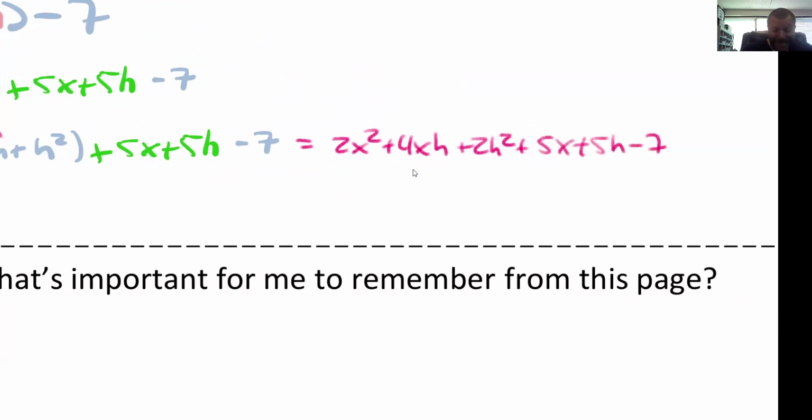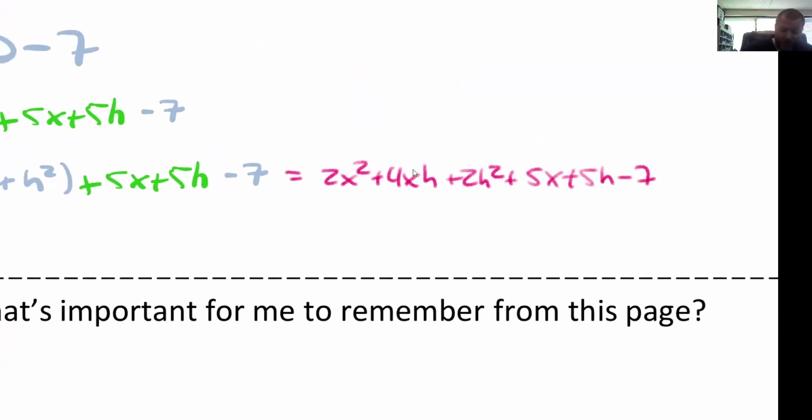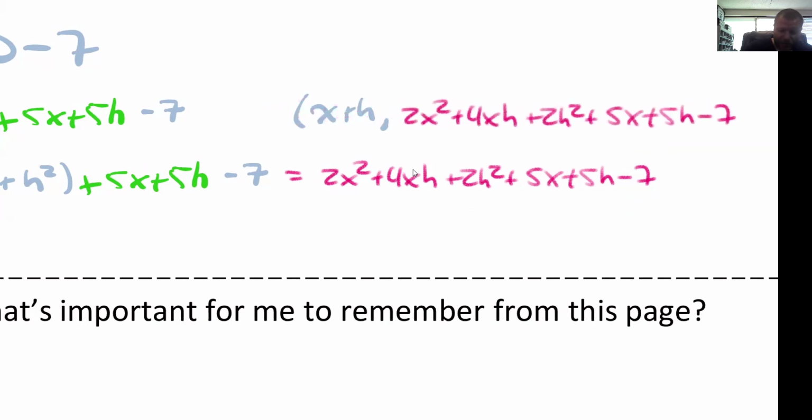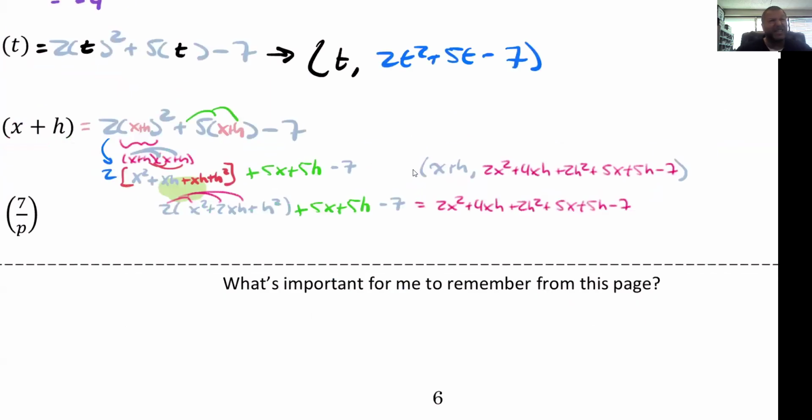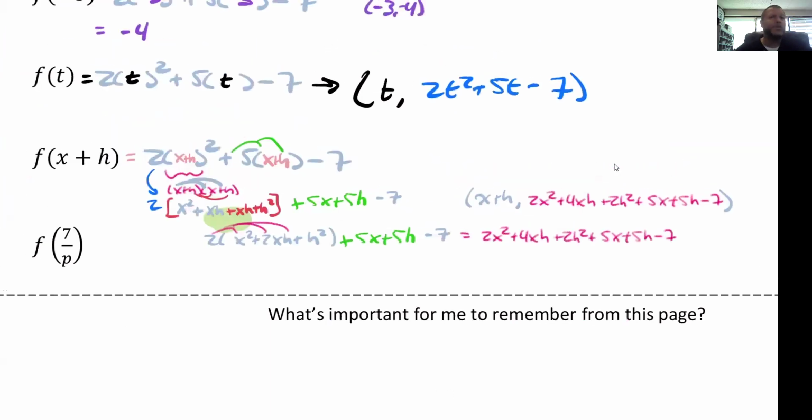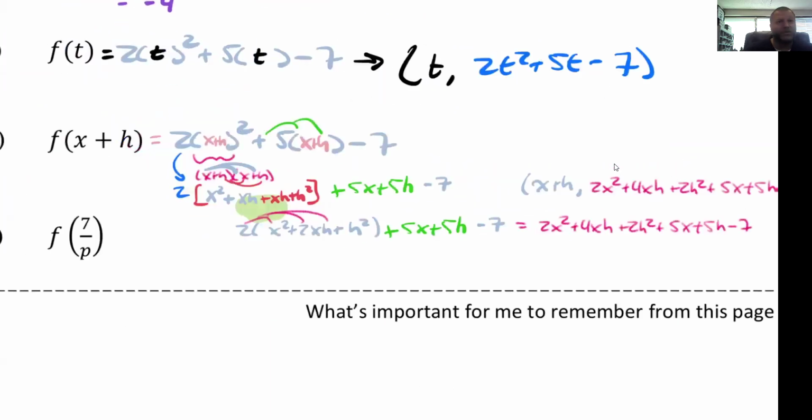So looks hideous, but what did we just determine? We determined that the point x plus h, that whole nasty monstrosity, is a point that's on our graph. If we're being really technical, what we've done is shift our function over h units. If I shift my x value over h units, this tells us how that function results and moves. We'll broach that a little bit with function transformations.